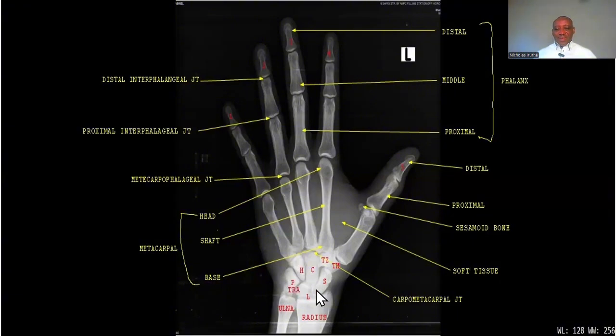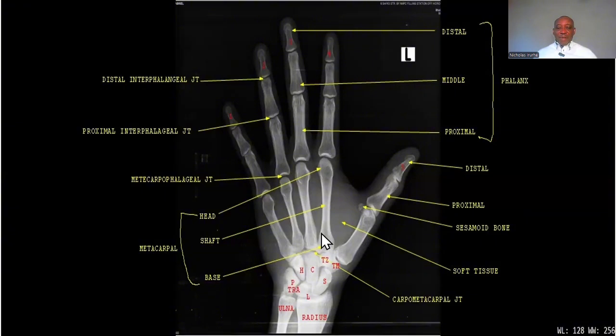So you can remember that mnemonic. That is the scaphoid, the lunate, the triquetrum, the pisiform, the trapezium, trapezoid, the capitate and hamate, and the hook of hamate.